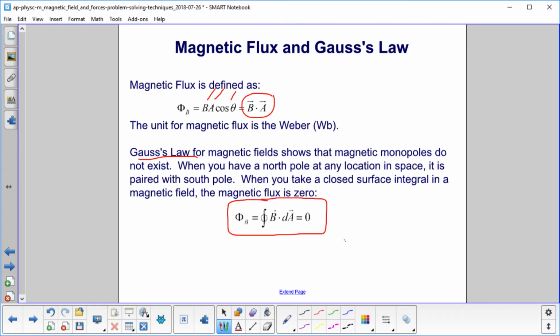Because, let's say you have a magnetic field going like this, you know it's going to curl around at all points. So if I take a surface, for every magnetic field line that leaves, it comes back in at some other point. So the net flux through any closed surface will be zero.